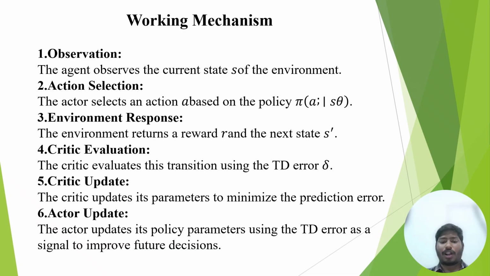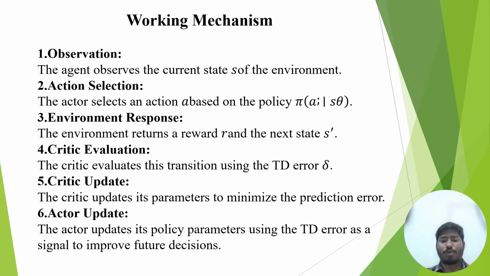The difference is called the temporal difference error. The critic updates its value estimate and the actor adjusts its policy to favor actions that reduce the error in future. This continuous feedback loop makes the learning both faster and more stable.